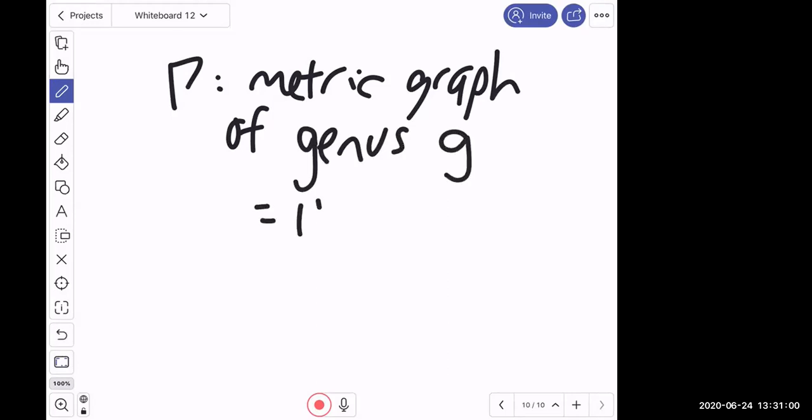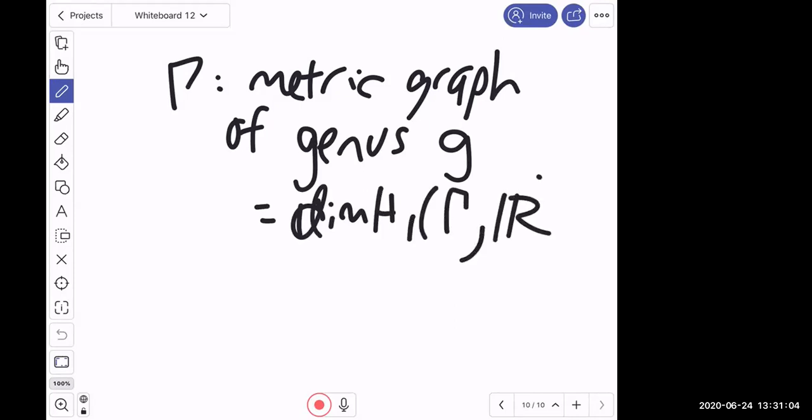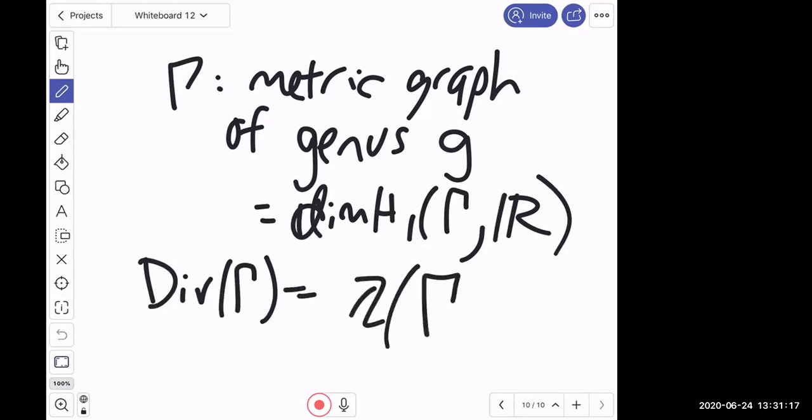It's the dimension of H1 of your graph, metric graph in this case. The divisors on the graph will be, well, let's just say it's the free abelian group on the points of your metric graph.